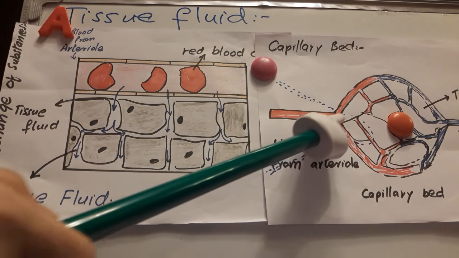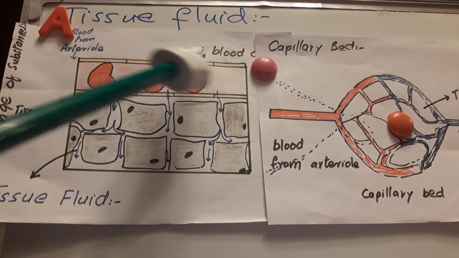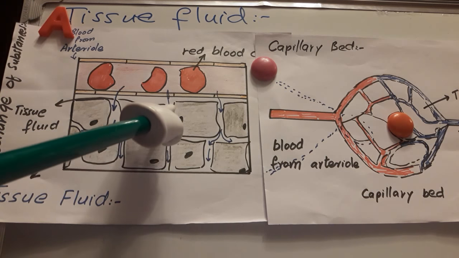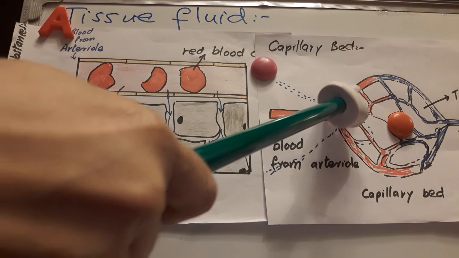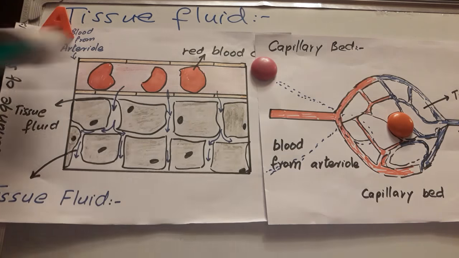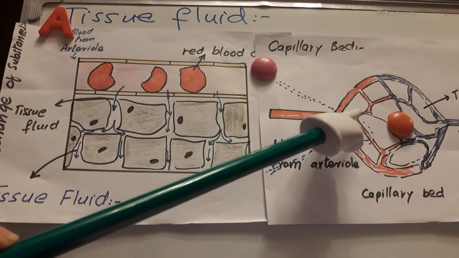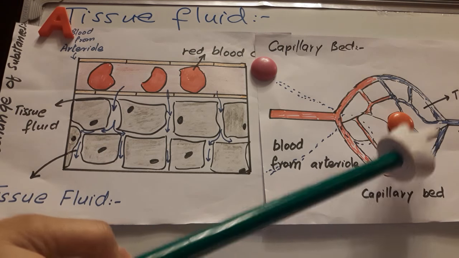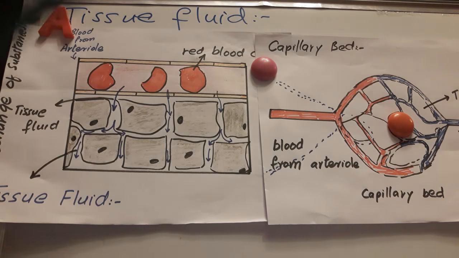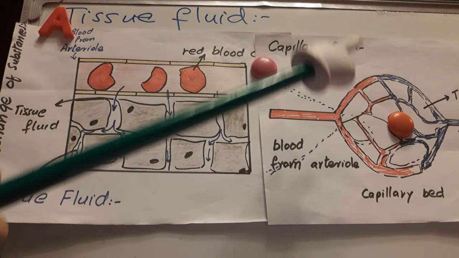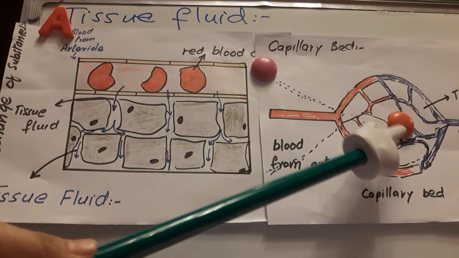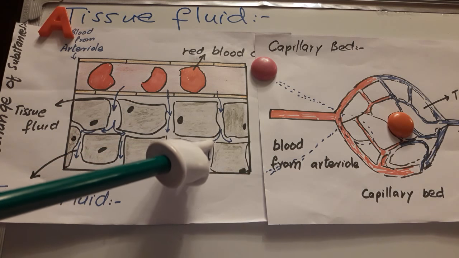Going down from here, as water is released into the tissue fluid, the hydrostatic pressure within the capillaries is decreasing now. Coming down here near the venule end, the water potential is lower in the capillaries near the venules as compared to the water potential in the tissue fluid.